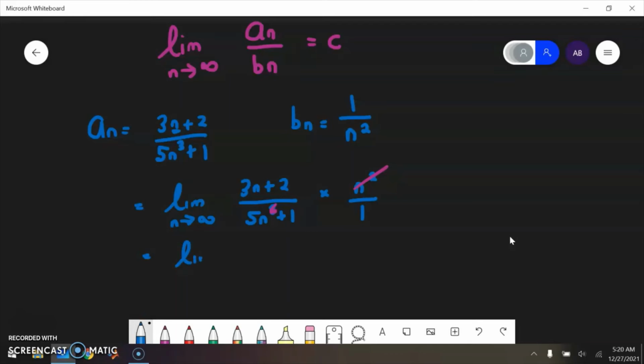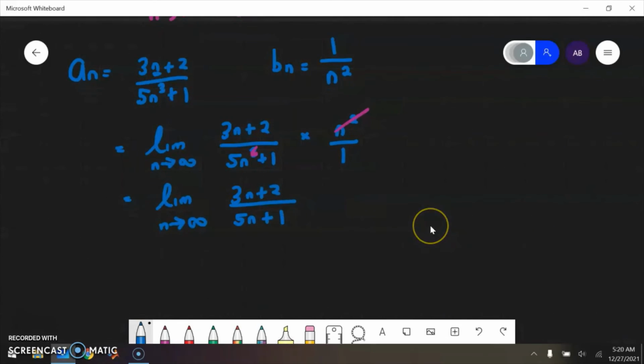So I'll have the limit as n approaches infinity of 3n plus 2 over 5n plus 1. Divide by the highest power in your denominator. That will give you the limit as n approaches infinity of 3n over n plus 2 over n, over 5n over n plus 1 over n.